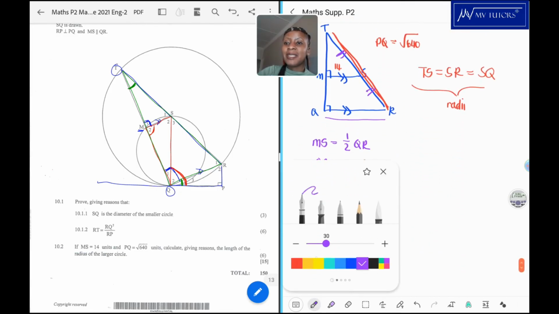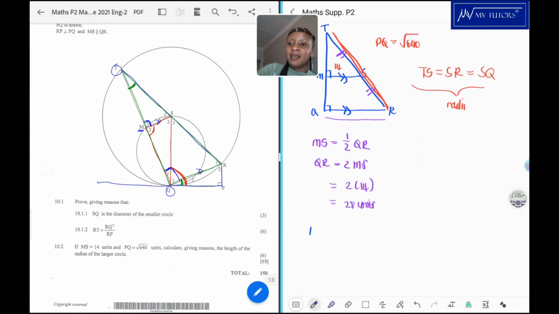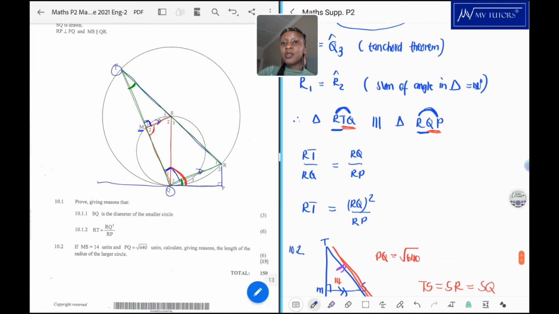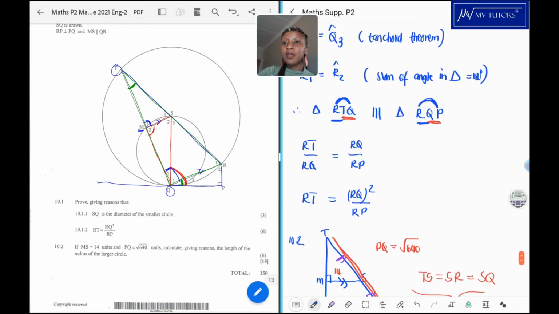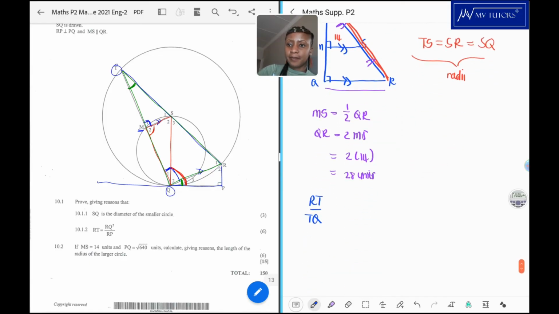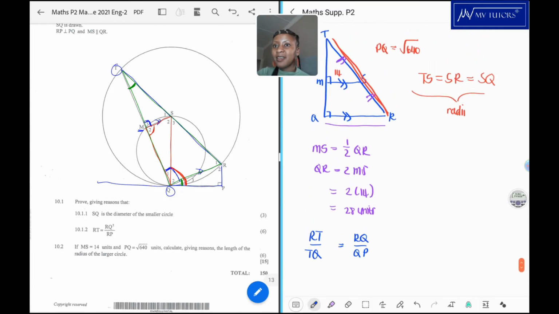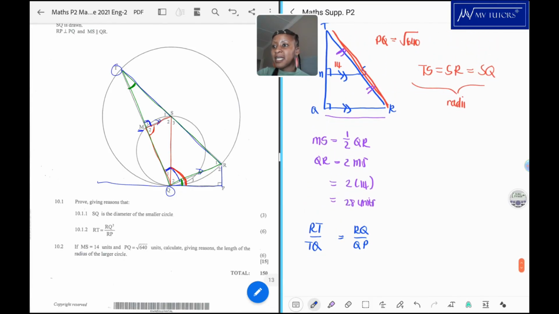I don't know where that's going to lead me, but let's see. We don't know RT's length.